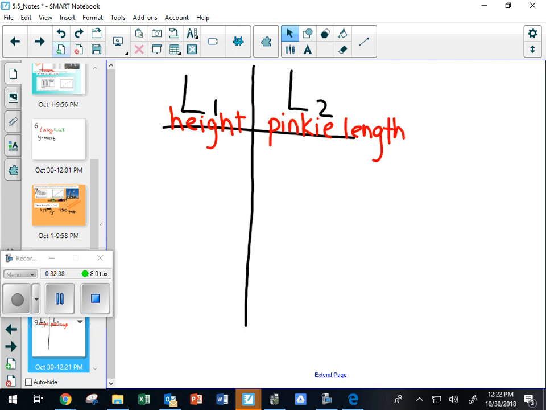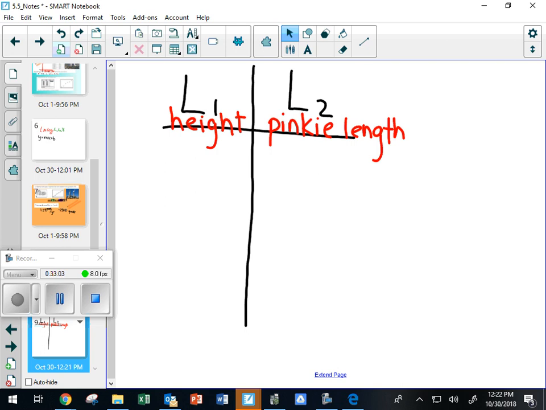I don't know what my pinky length is. That's why Mr. Server is walking around with a meter stick for people who want to measure their pinky length. So, can I get about 7 volunteers? Just one at a time. But let's start. Tell us your height in feet. I know none of us is like, oh, I'm 63 inches.